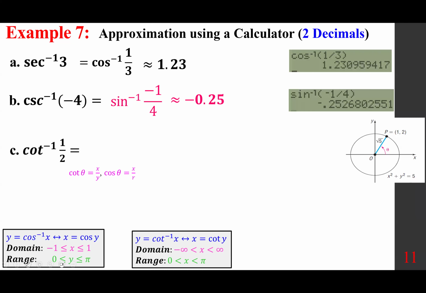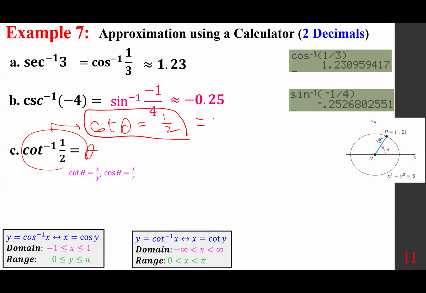So maybe I go over this in the following manner, and then I erase this. If you set this equal to theta, that means cotangent theta is equal to 1/2. And since this is x over y, that means x must be 1, y must be 2, and x squared plus y squared equals 5. That's how we arrive at it.